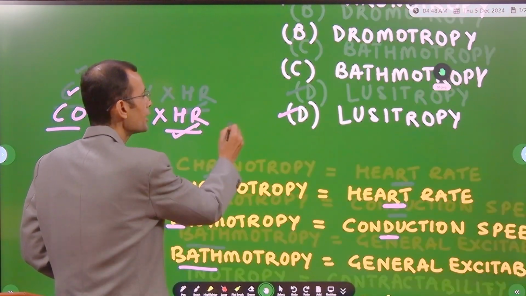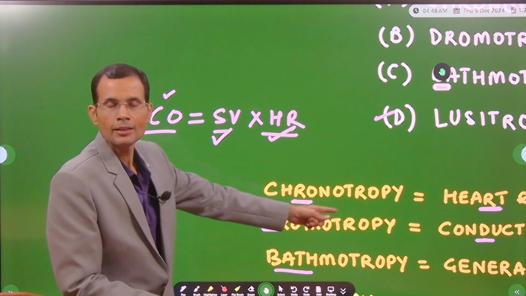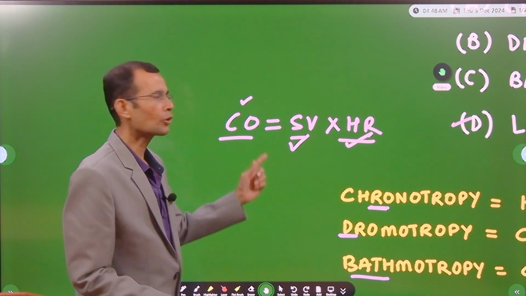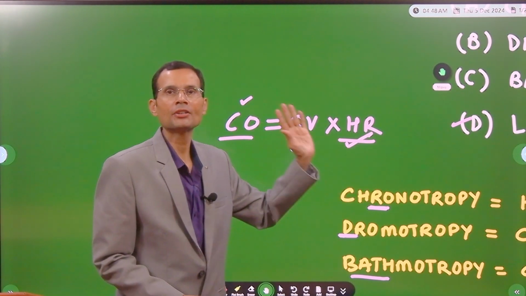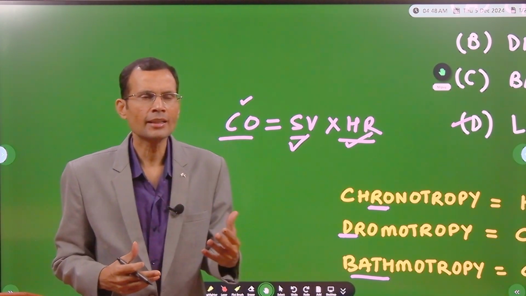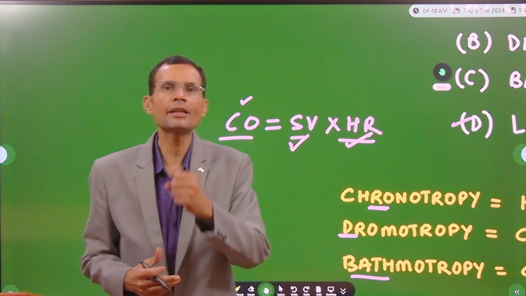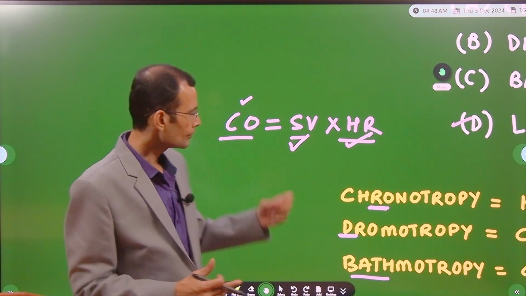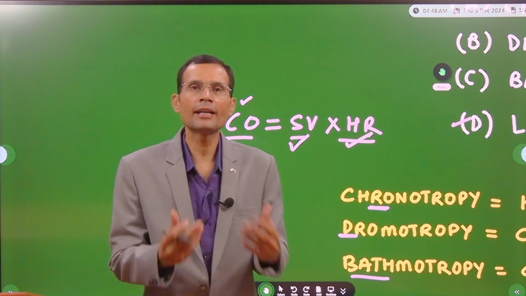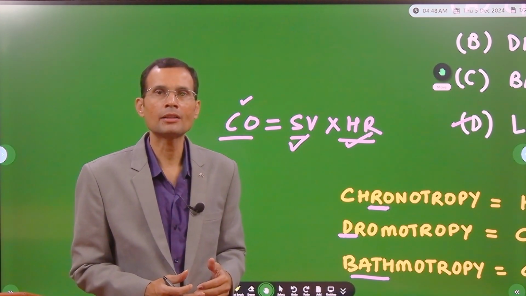So let's understand the effects in detail. Before we look at the effects, let me just revise. Cardiac output is a product of stroke volume and heart rate. Stroke volume is a function of contractility of the ventricles, a mechanical event, and heart rate is related to the conducting system of the heart.